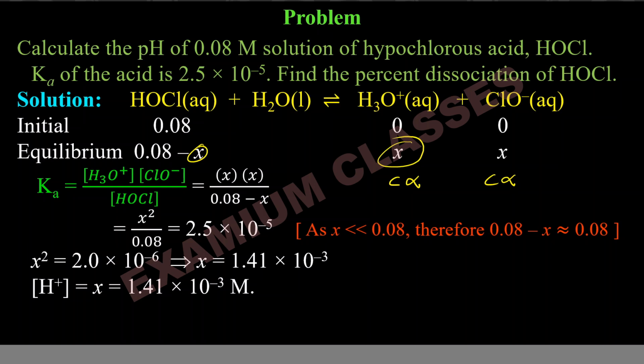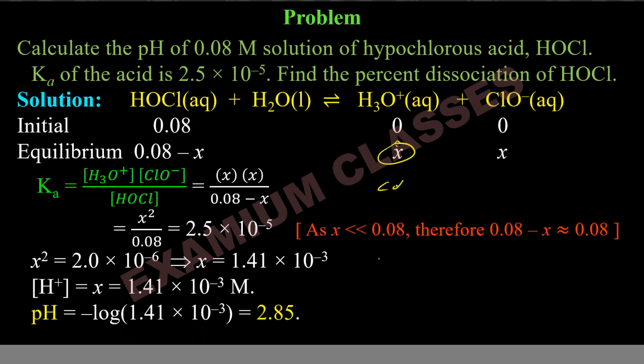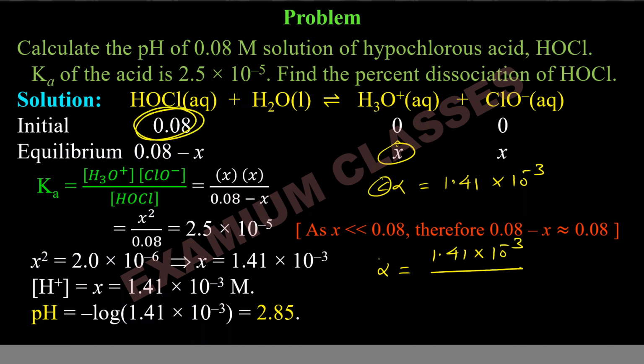If I write here C alpha is X, it means it will be 1.41 into 10 power minus 3. From here, alpha will be 1.41 into 10 to the power minus 3 divided by C. And what is C? C is 0.08.